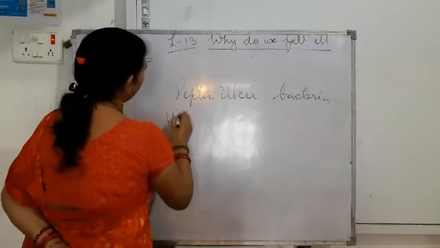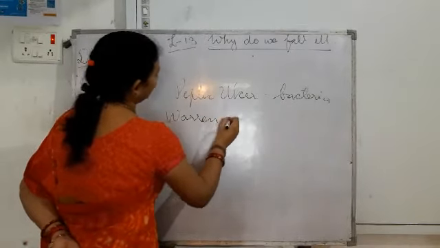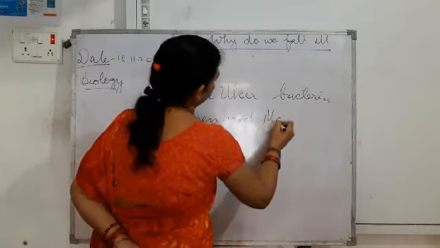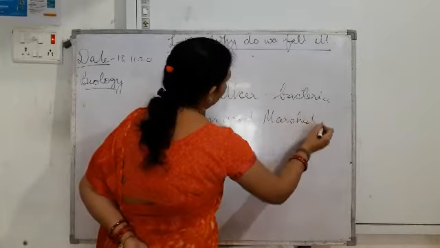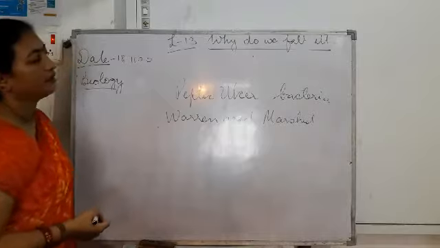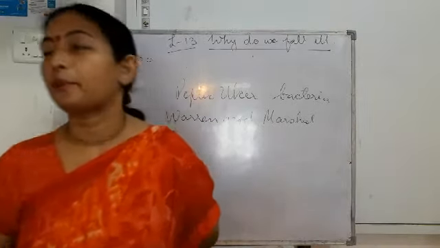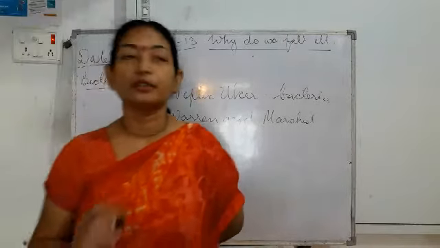Who discovered it? Warren and Marshall. These are two scientists who found that peptic ulcer was caused by bacteria.